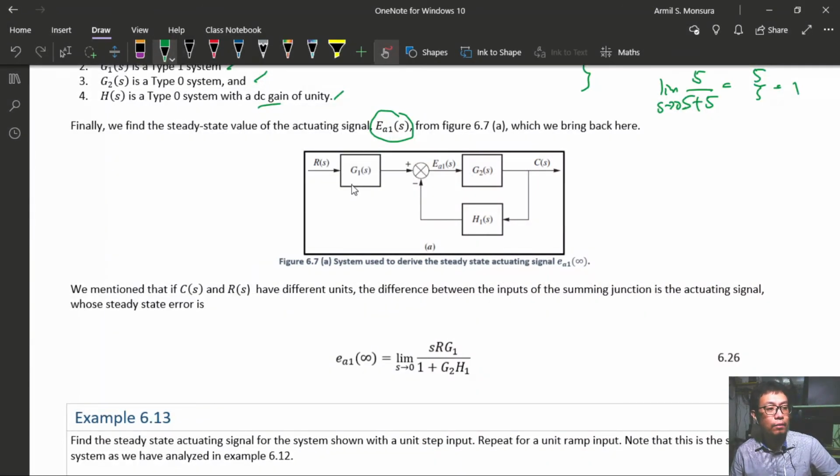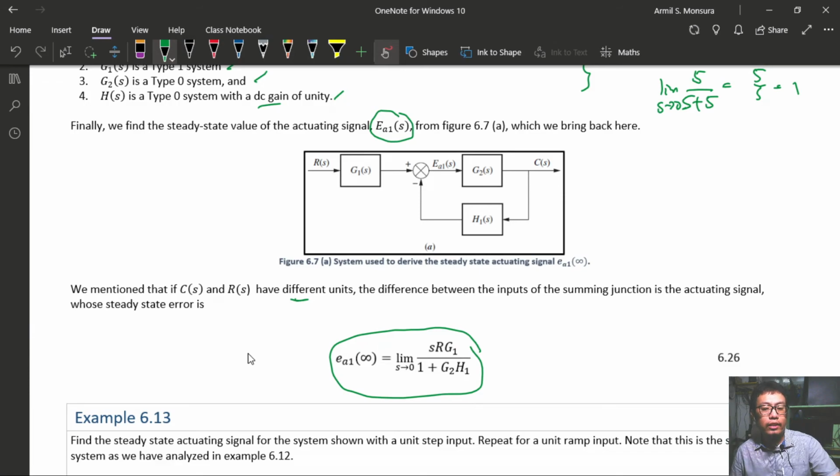Now, if we remove that assumption, so we shall say that your R and C are now of different quantities and therefore have different units, then the actuating signal is computed as this limit or this expression, when the assumption is that C and R are not of the same quantity.